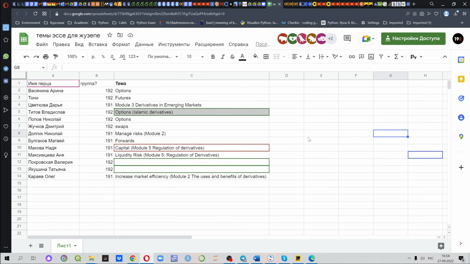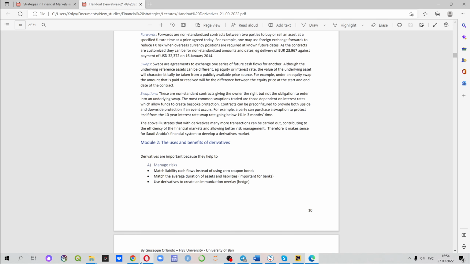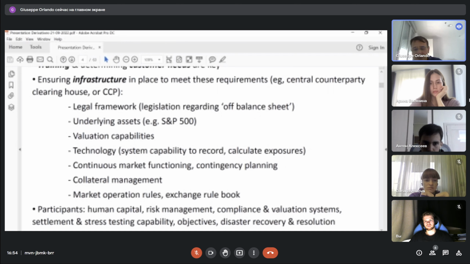Okay, so there is a legal framework, then regarding off-balance sheet. Why off-balance sheet? Because normally a company's balance sheet has assets and liabilities. If we buy a derivative call, for example, in the balance sheet we have the cost of this call.